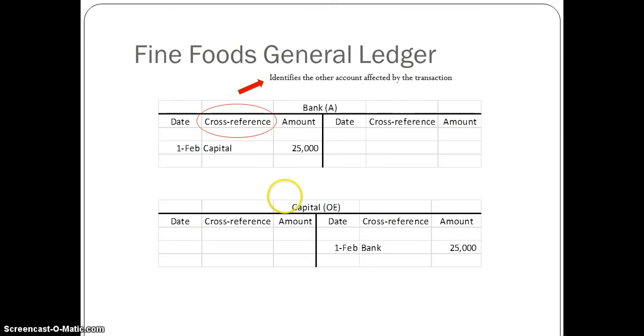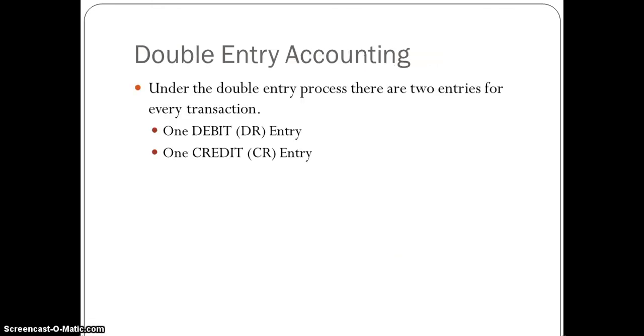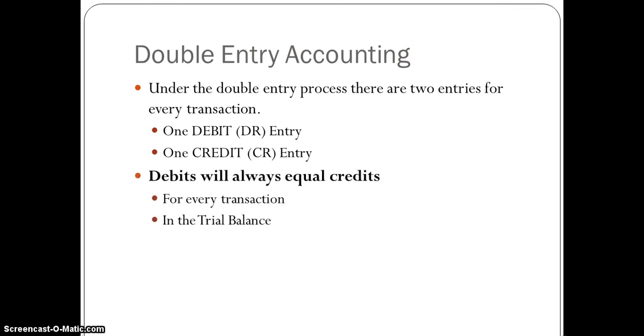And if we look at our capital ledger account, same date, same amount, $25,000, but the cross-reference is bank because that's the other account affected by this transaction. As you can see, we had one debit entry and one credit entry, both were $25,000. Our debits equaled our credits for that transaction, so our books will still balance.